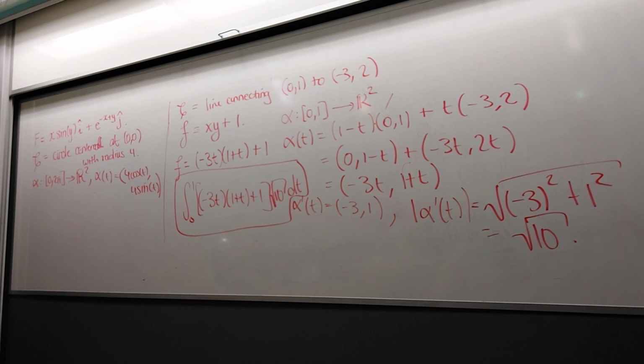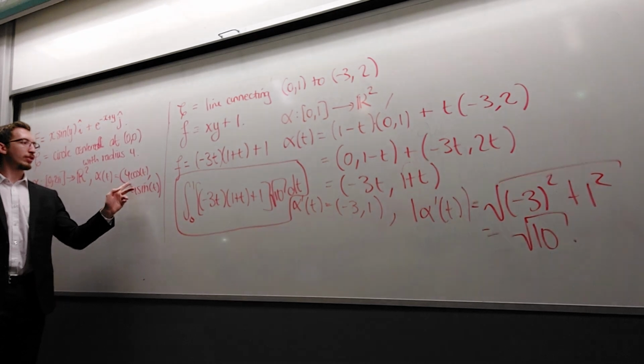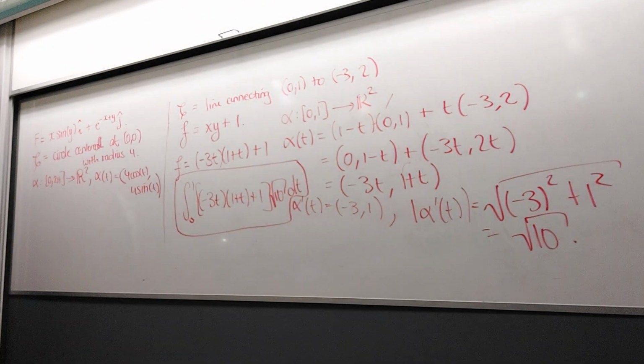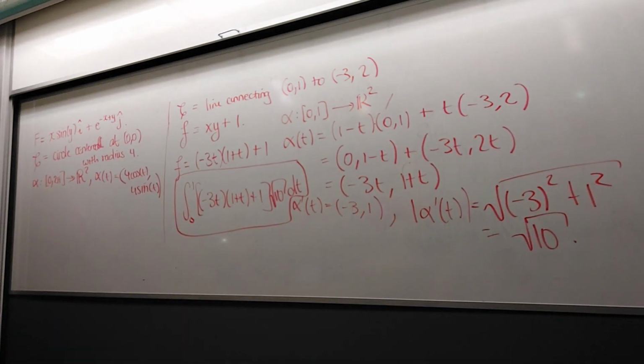Not 2 cos and 2 sin. You're getting confused with the square, r squared: x squared plus y squared is r squared. If you think about it, you take t equals 0, you get 4.